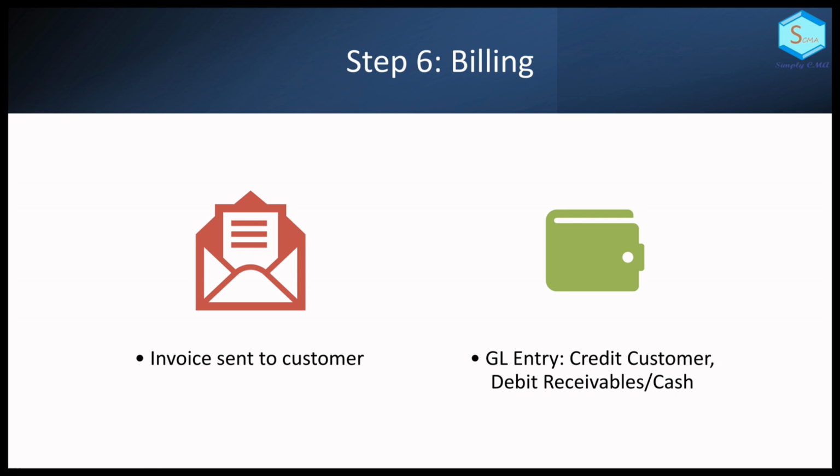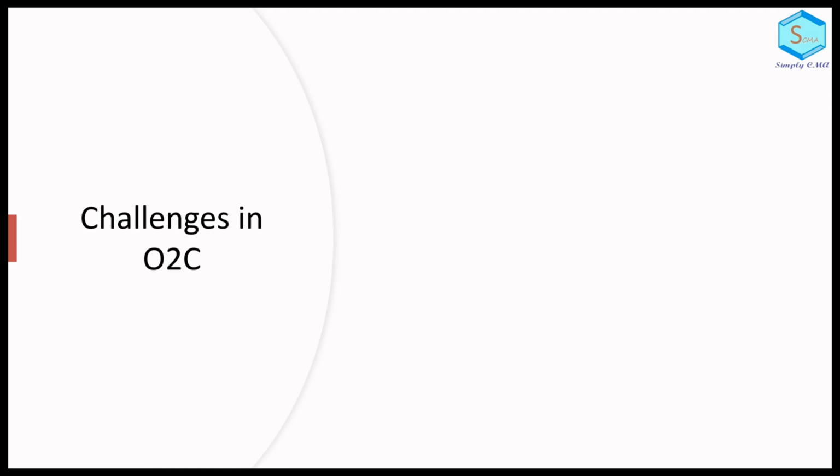Then we'll see what challenges are faced under these processes. The first challenge here is that customers use different channels like email, phone, and web for placing orders. A customer may use any of these modes.